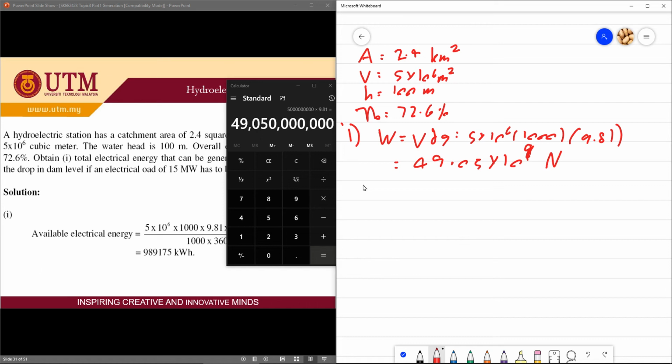And so the energy of the hydraulic oil equals weight times height.